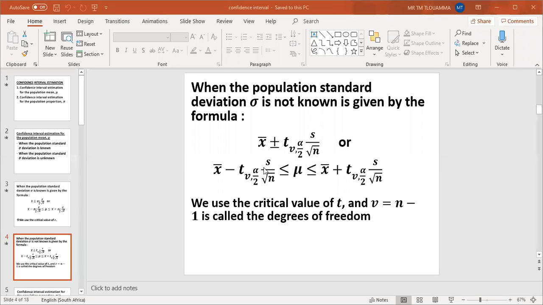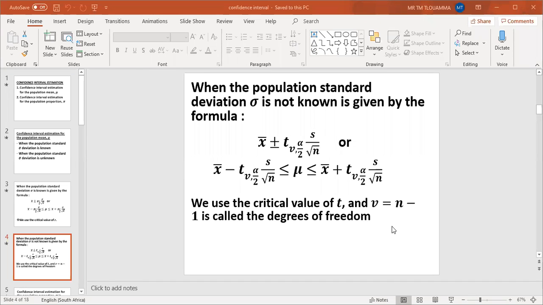As I've already indicated, v stands for n minus 1, meaning you're going to take whatever will be given from your data or your statement. Let's say they're talking about the number of items, maybe 100 passengers, which will be your n.